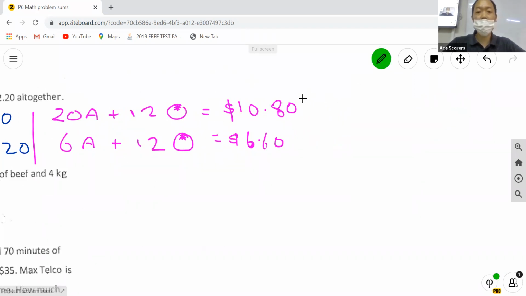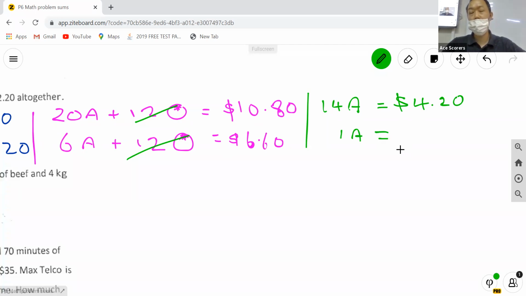So 14 apples is equal to, same thing here, big minus small, $10.80 take away $6.60, $4.20. So can you tell me what is the cost of one apple? 30 cents.